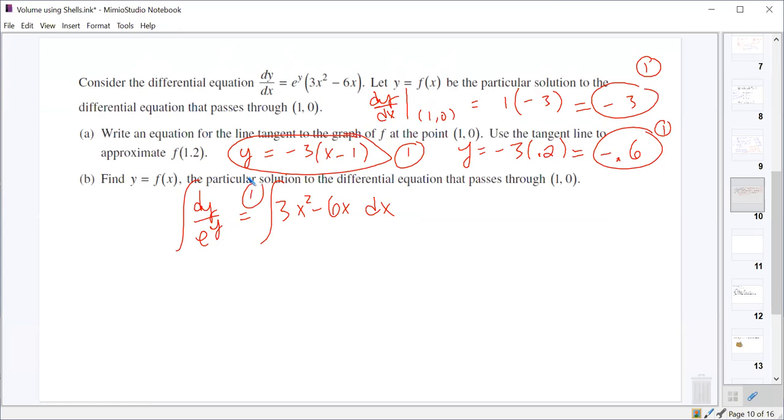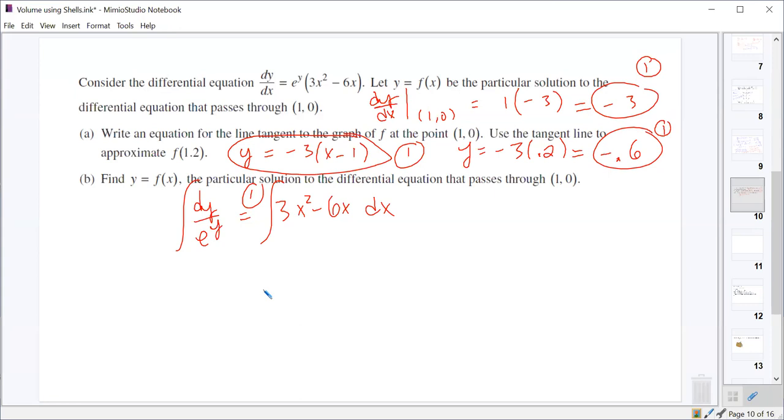Yeah, you're good. As long as they see that you separated it. If it were me, I would not write dy over e to the y equals 3x squared minus 6x dx and then make a new line with the integral. I would do exactly what I've written here. No, this is good. Yeah, definitely.